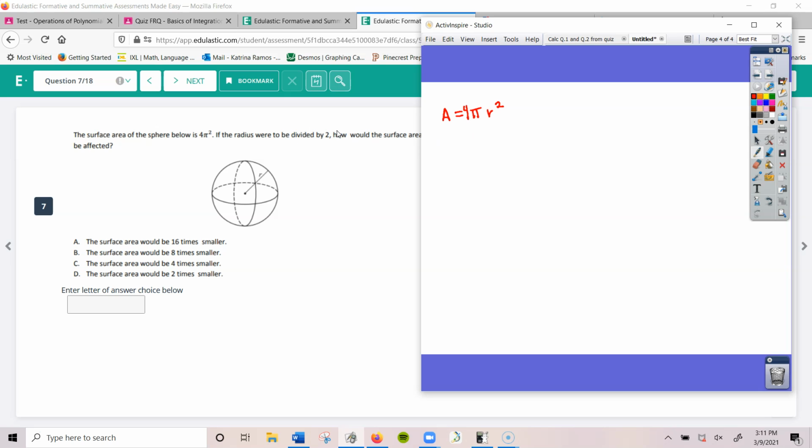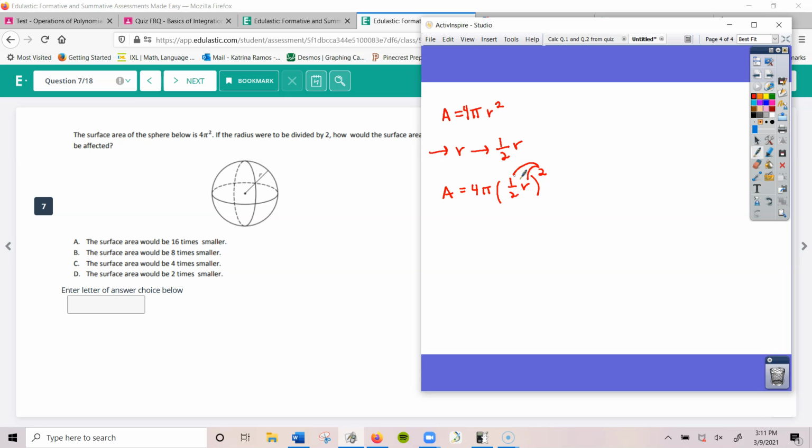Now, if the radius was divided by 2, we're going to replace r with 1/2 of r, because that's r divided by 2. So we go back to our formula, and we would write 4 pi times 1/2 r, and then we square it. When you're applying the exponent, you apply the exponent to both the fraction and the r.